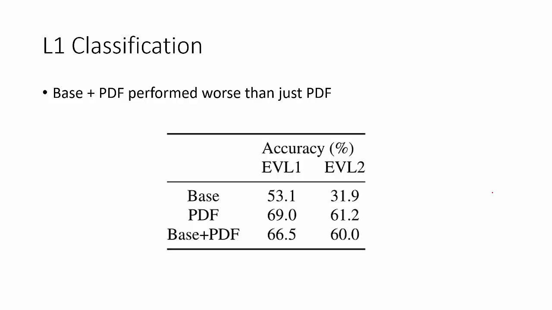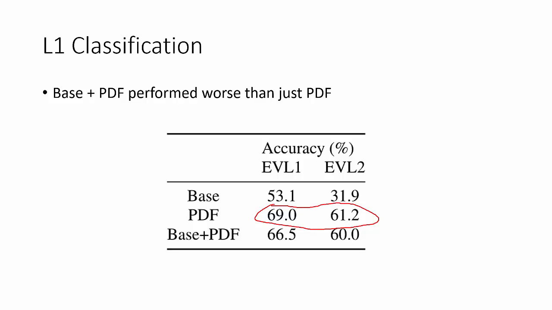And then the next one is L1 classification. How well do the models perform on classifying the speaker's native language? Here the accuracy is actually maximized using the phone distance features. The baseline features do worse, and the baseline plus the phone distance features actually do worse than just the phone distance features.